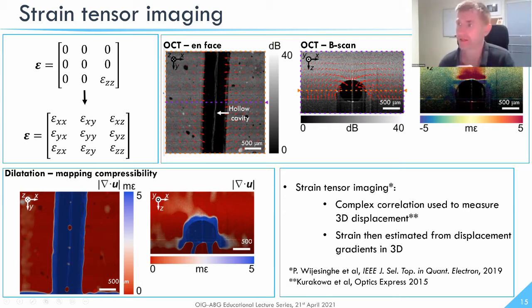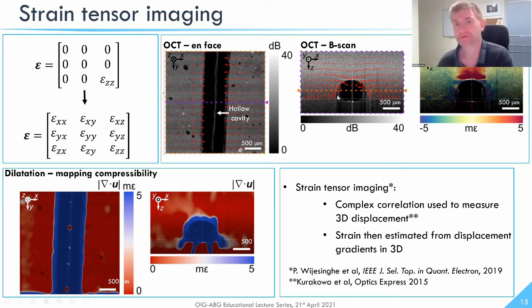One artifact I'll highlight that this helped us understand is in this axial strain map of, again, a silicone phantom, but in this case with a cavity, a hollow region in the center. Usually for compression-based approaches, the strain is negative because the sample is getting shorter. But here we see a large positive region of strain above the inclusion, which wasn't physically meaningful from our mechanical model.